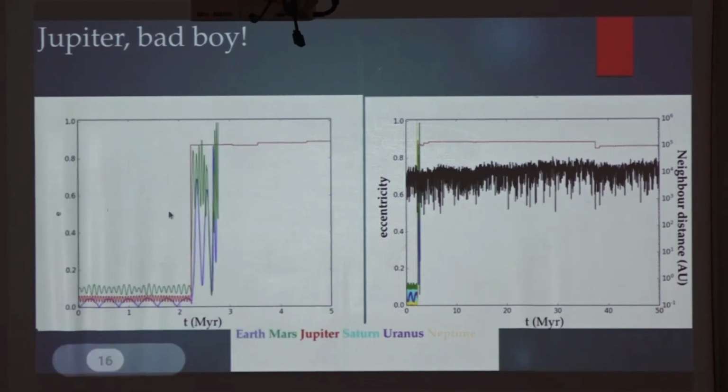If we zoom in on only Jupiter in red and blue, green, our Earth and Mars, we immediately see that the ejection of these planets is due to Jupiter being inside their scattering area, and therefore they're ejected in a very short time. This makes it very important to understand how the dynamical evolution of this kind of planetary system goes, because it depends on the architecture first, and secondly, it also depends on the mass of the most massive planet.